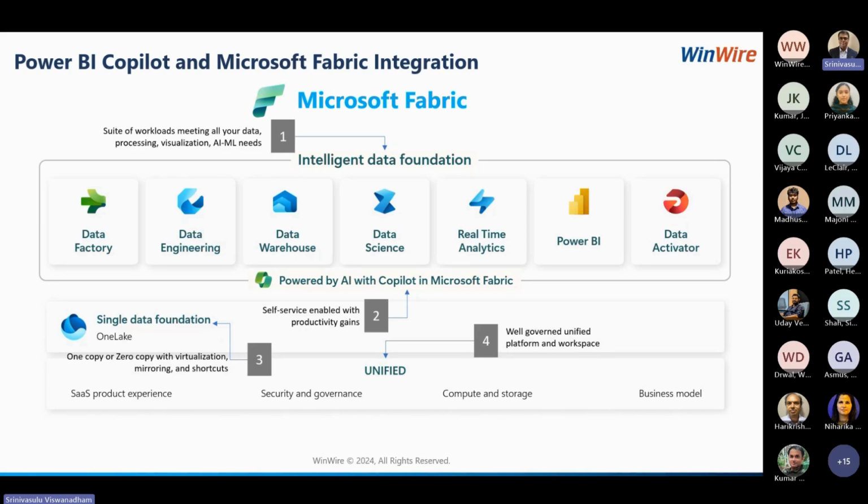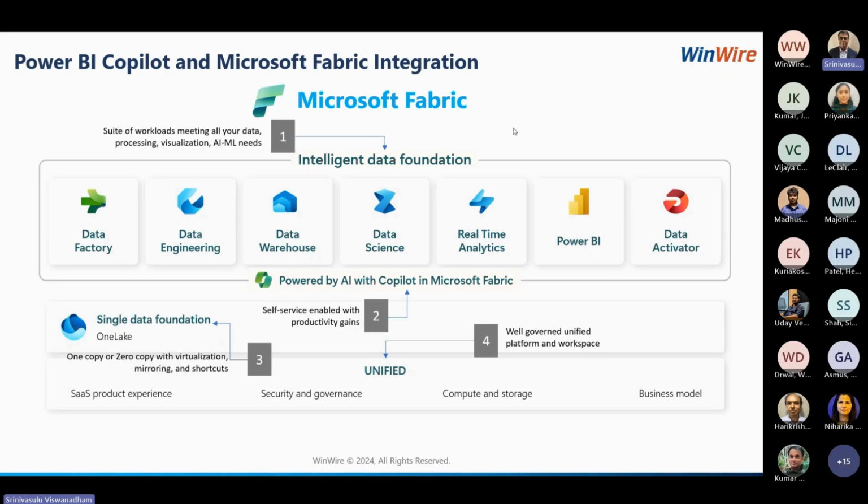For any enterprise implementation, what we need is three things as part of the architecture. One is storage. And then a couple of engines: you have the ETL or ELT engines, the data warehouse and Spark engines, there are also AI engines, and there is also a visualization engine available as part of Fabric.